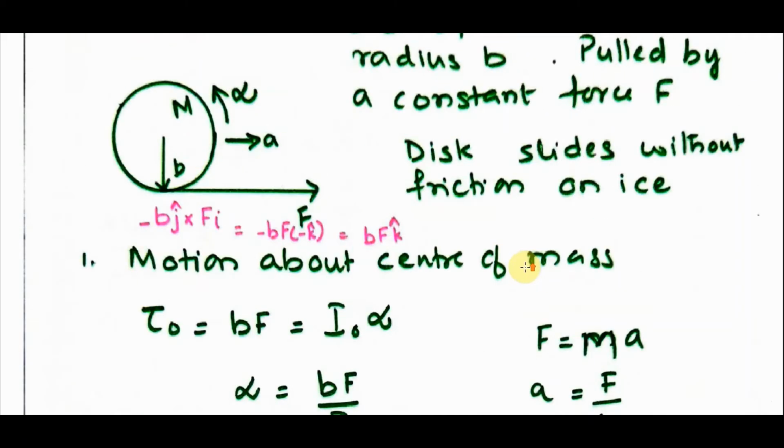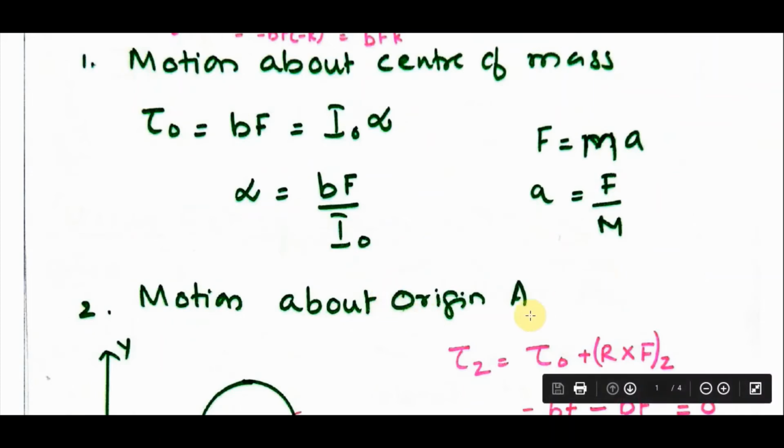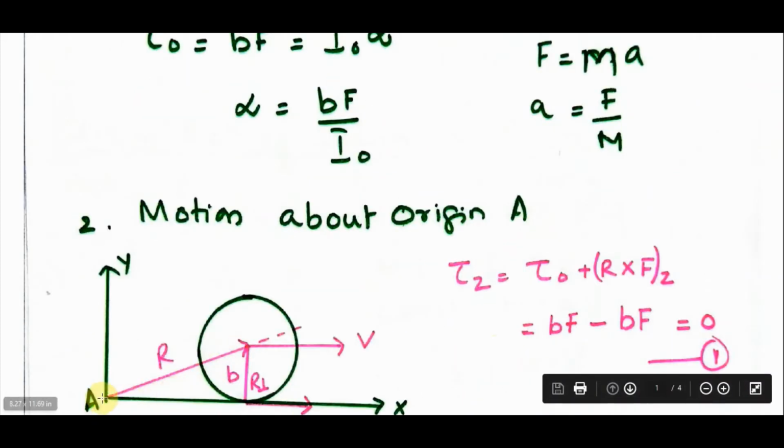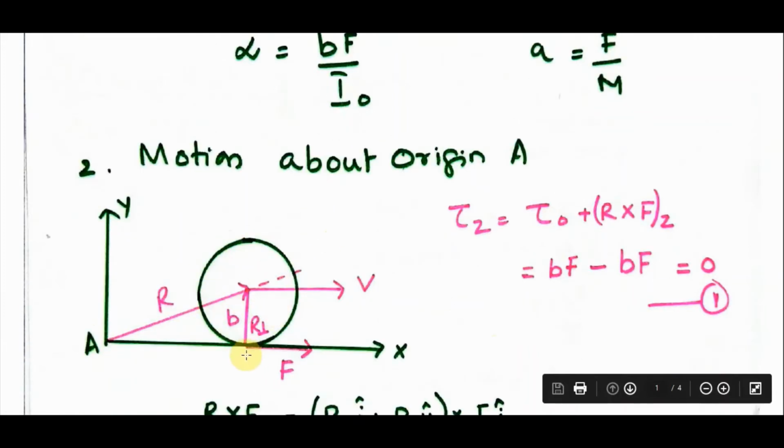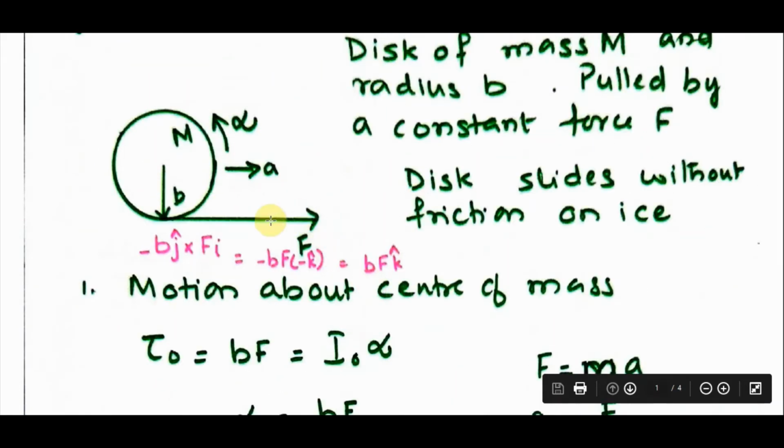Now let us take the second case, where we are studying the motion about an origin A. This is the origin A. This is the disk that is sliding along. The force is acting along the x direction. This is vector R. Now let us consider, in this case, this is rolling in such a manner that you can say this is the direction of alpha.